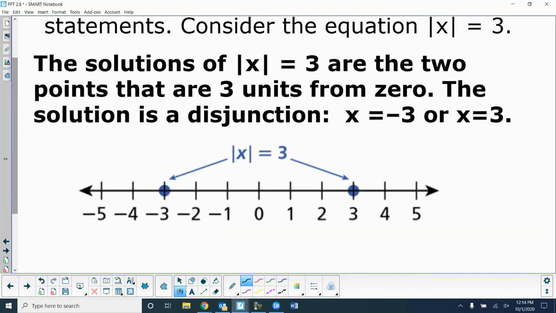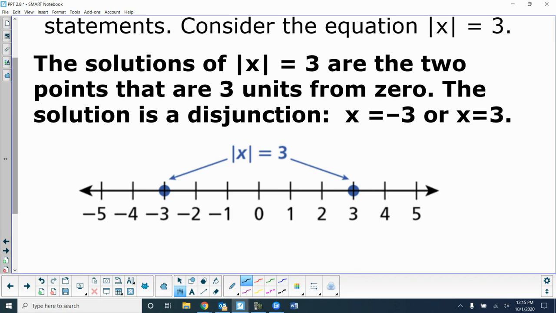Positive 3 is 3 units from 0. Negative 3. So there's 2 answers. So the answer would be x equals 3 or x equals negative 3. Because when I substitute 3 or negative 3 in here and take the absolute value, what do I get? 3. All right, so there's 2 possibilities. That's why I write 2 problems.